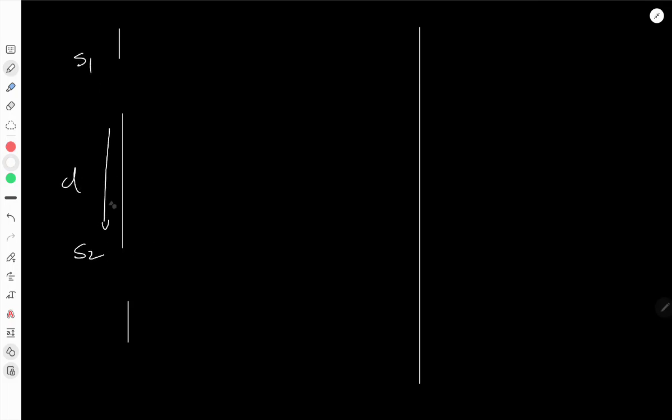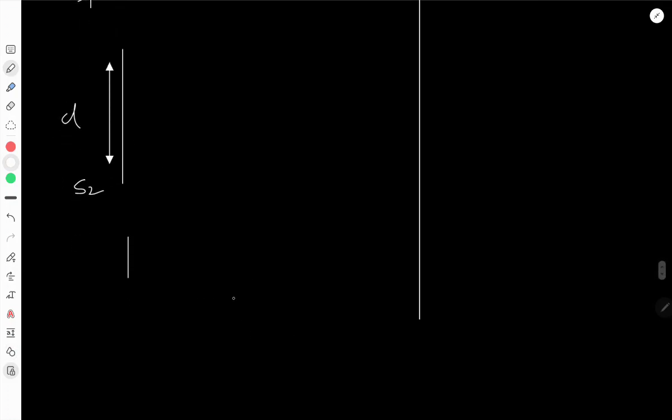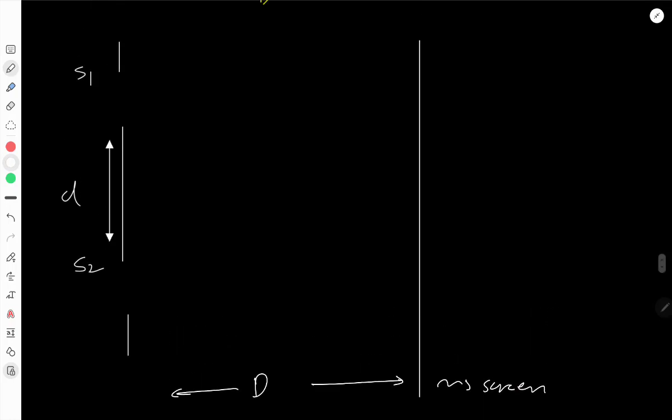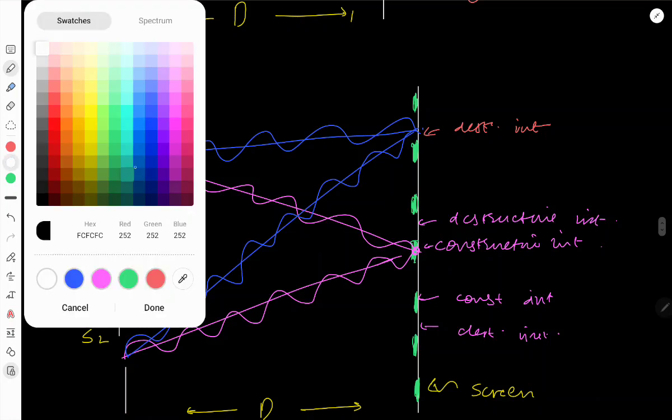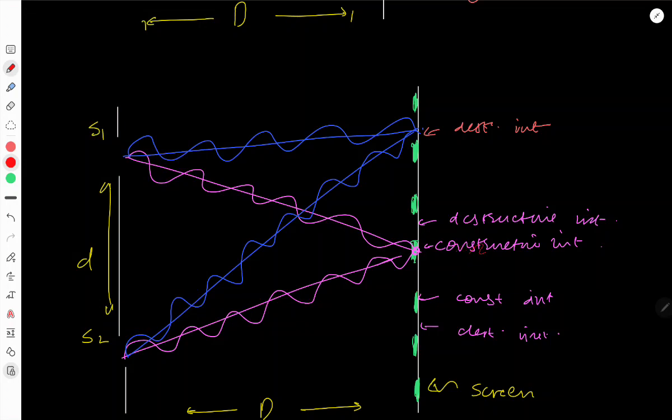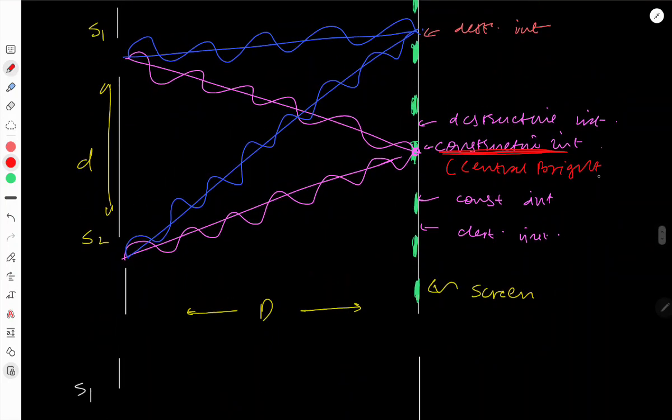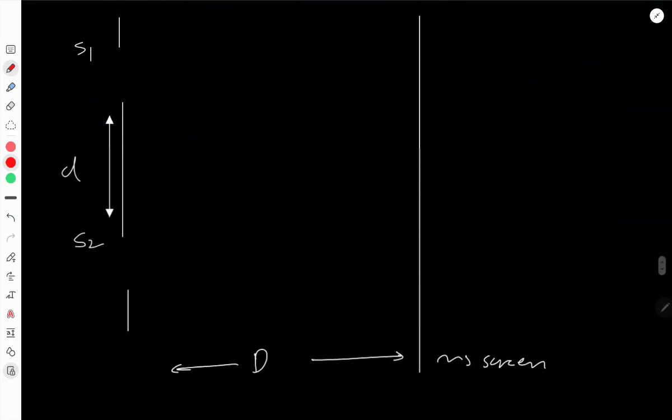The distance between both the slits is small d, and the distance between the screen and the slits is capital D. So now we observed this point which we expected to be dark, the centralmost point was bright, and we assumed it as central bright. Now we'll get the story right now. So how did the name central bright come to it?